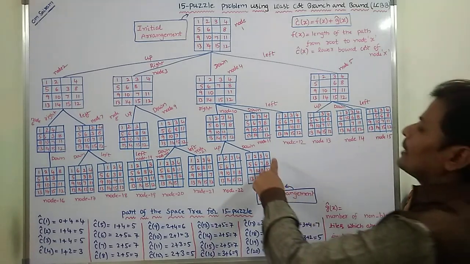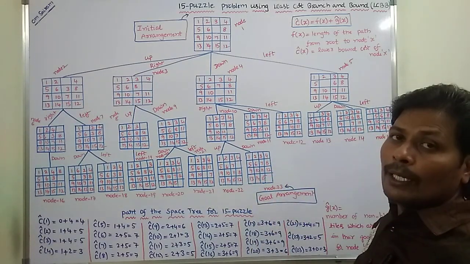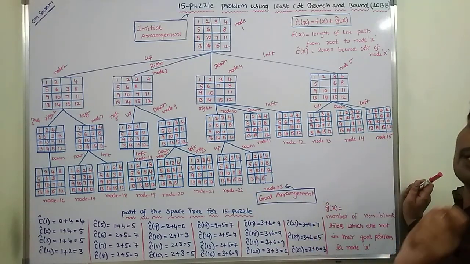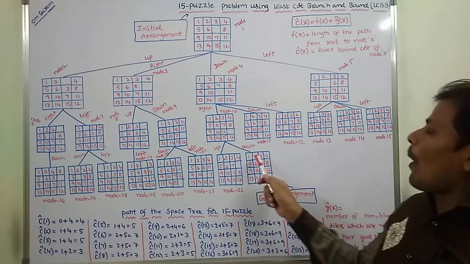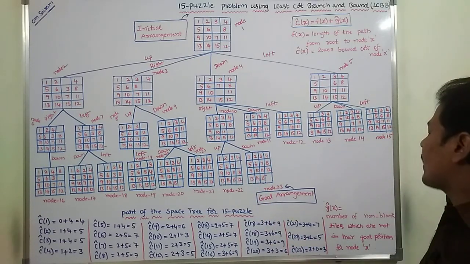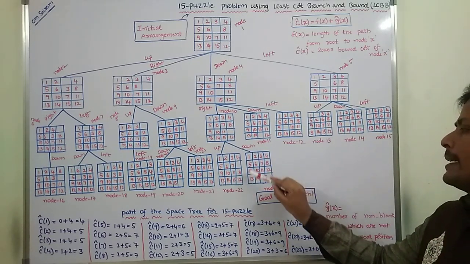These are the non-blank tiles, except this tile. How many tiles are not in their goal position? All tiles are in their goal position. So g cap of x is equal to 0 for this node.